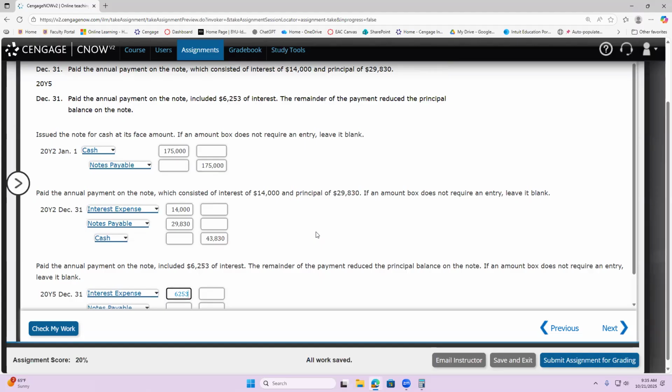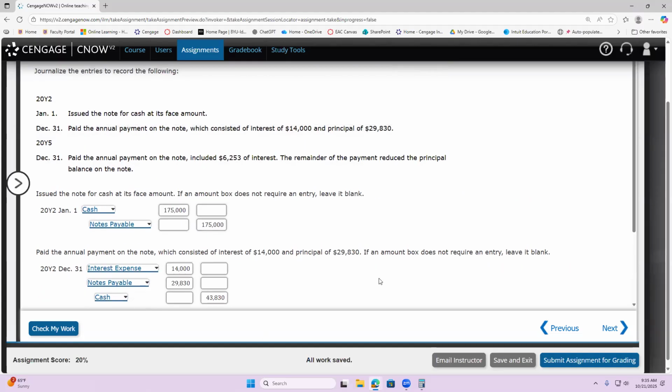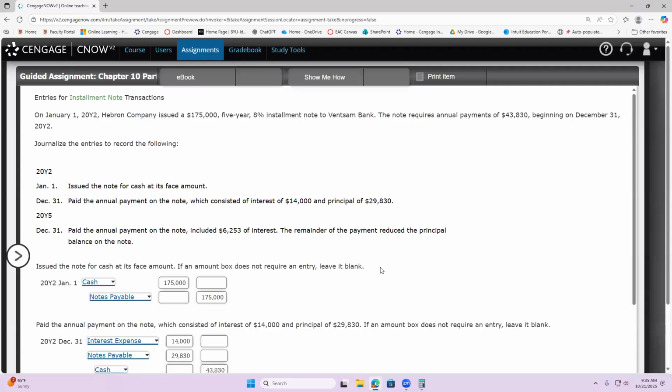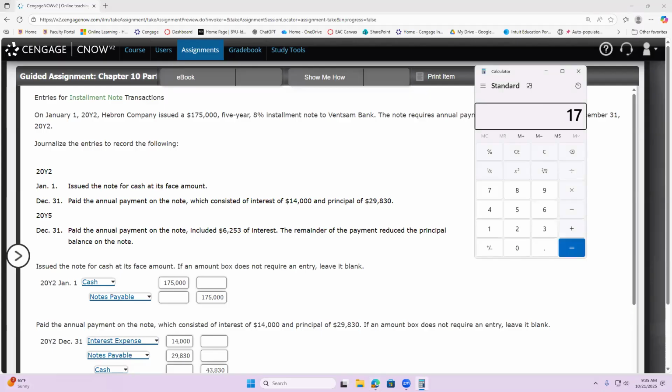And then we multiplied it times the rate, which was how much? 8%. And that gave us our first year's interest, which was 175,000 times 8%, which came out to $14,000.